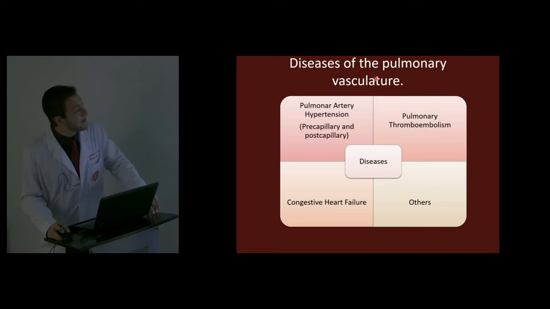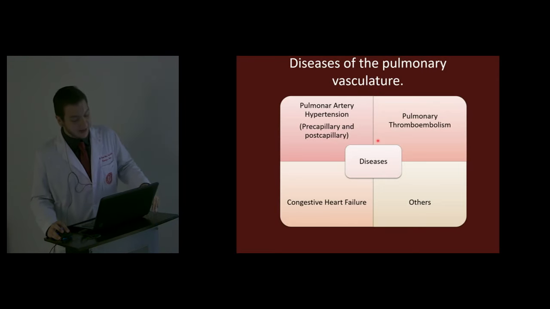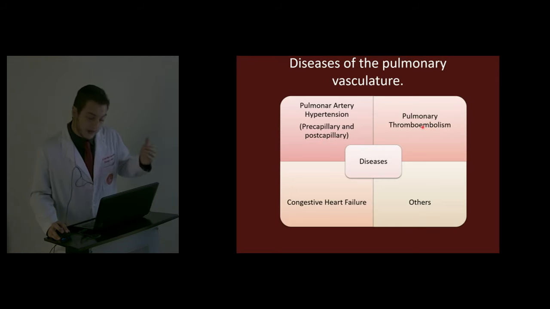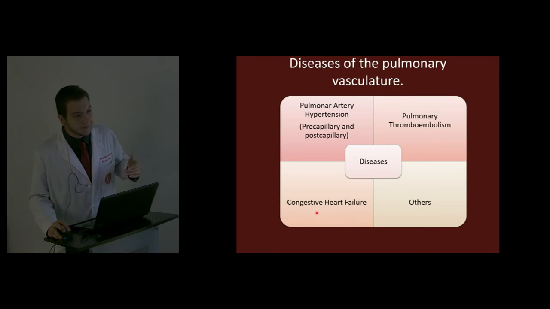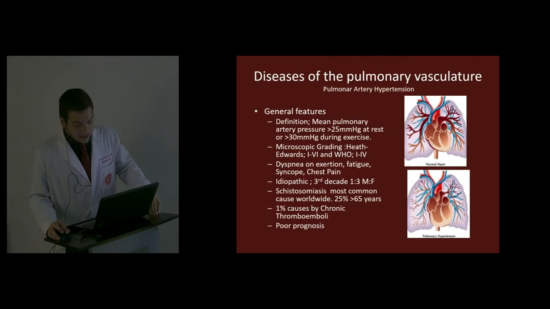And now the diseases of the pulmonary vasculature. I separated them into four basic pathologies. Pulmonary artery hypertension can be divided into precapillary or postcapillary. Pulmonary thromboembolism can be acute or chronic. Congestive heart failure can be one of the end phases of the venous hypertension, postcapillary, and other diseases.